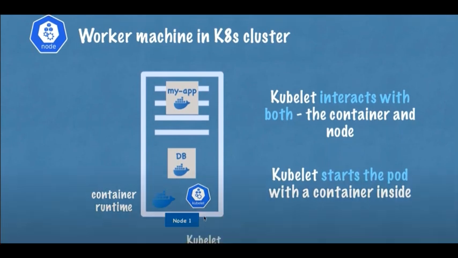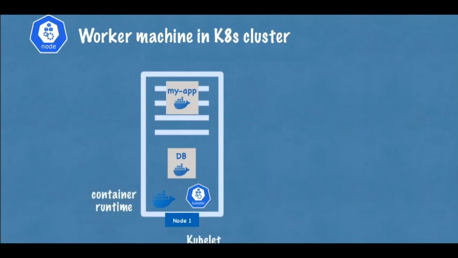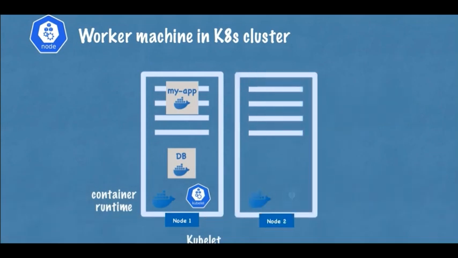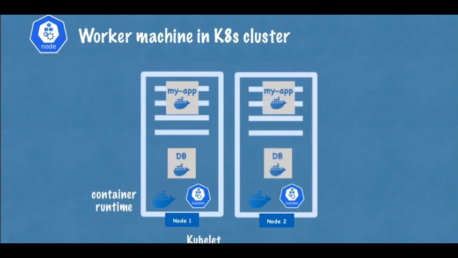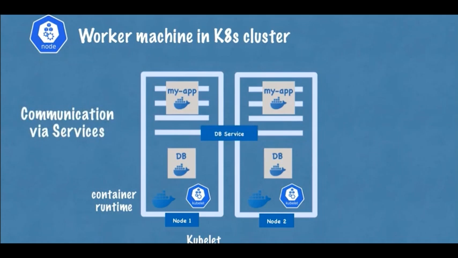Usually a Kubernetes cluster is made up of multiple nodes, which all contain the container runtime and Kubernetes services installed. You may have hundreds of those worker nodes, which run other pods and containers and replicas of the existing pods, like my app and database pods in the example. The way communication between them works is using services, which are a sort of load balancer that catches the request directed to the pods or the application, like the database for example, and then forwards it to the respective pods.